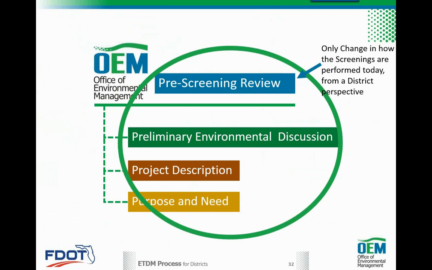So for instance, if they've got a proposed alternative and it looks like it's coming in contact with some historical and archaeological resources, under the historical and archaeological resource issue, they would create a PED, a preliminary environmental discussion, where they would identify those resources, and then they would identify how they were going to address those resources.